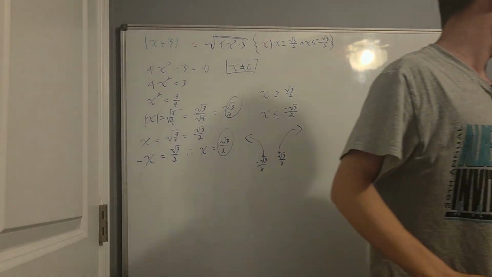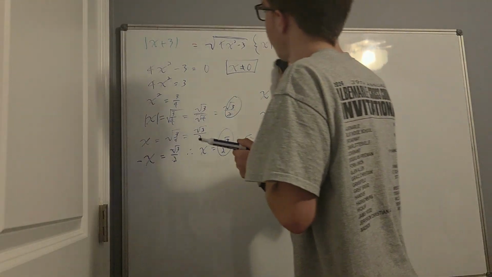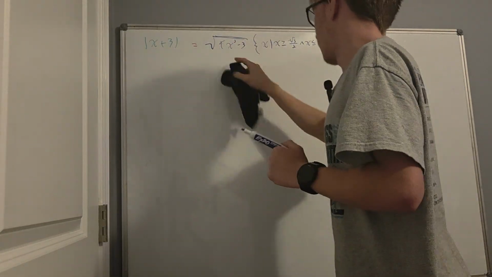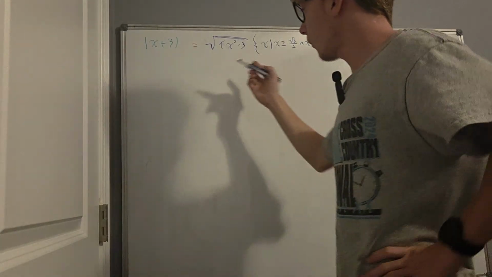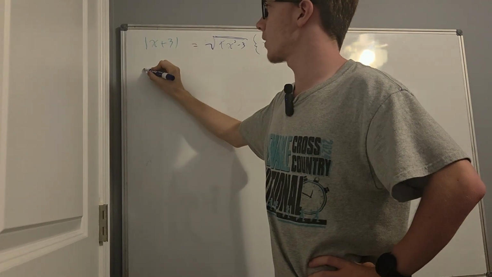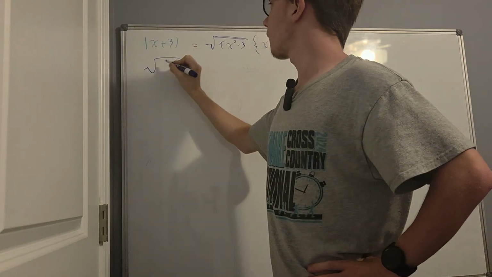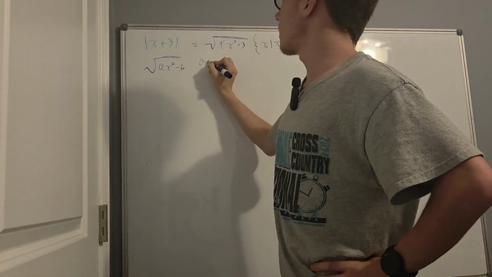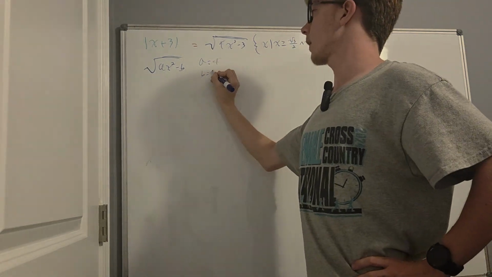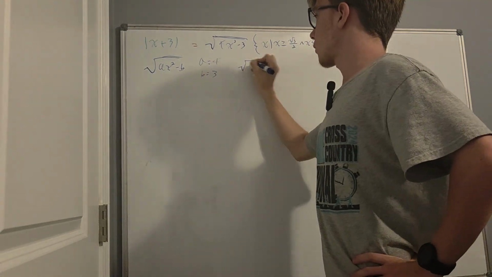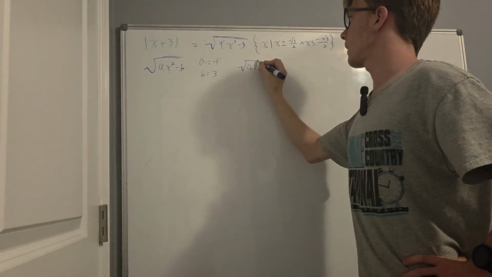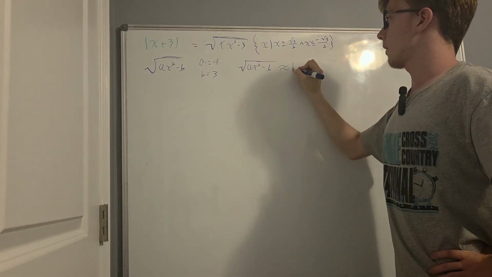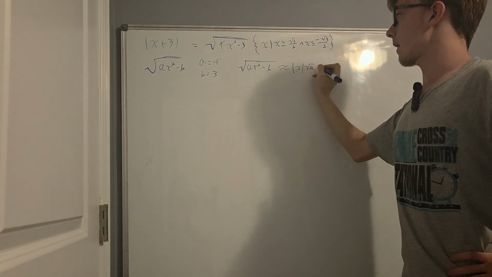Now what I want, before I go to simplifying this fully, or like solving it, I want to simplify that. And what we're going to do here is we're just going to notice we got the square root of ax squared minus b, where a is equal to 4 and b is equal to 3. Now if you remember, the square root of ax squared minus b approaches, so I'm going to say is approximately equal to absolute value of x square root of a.